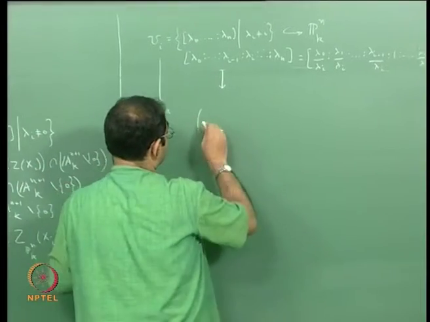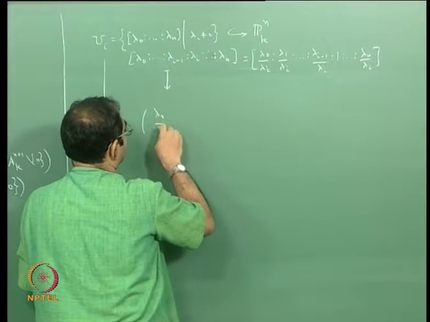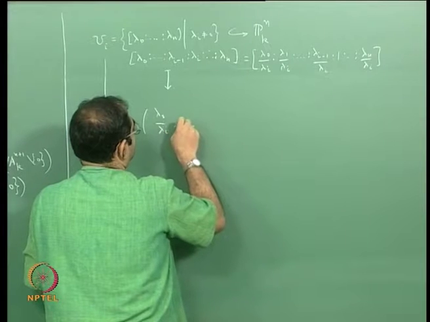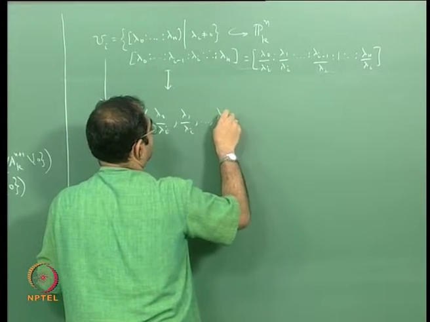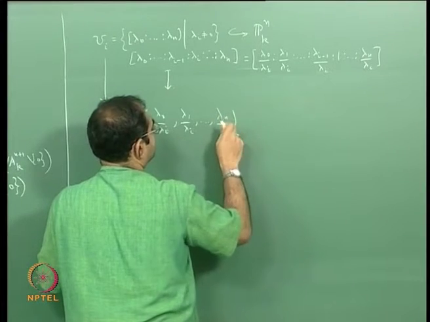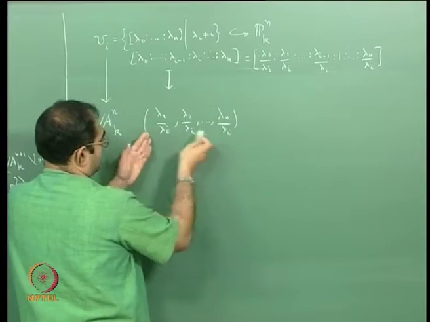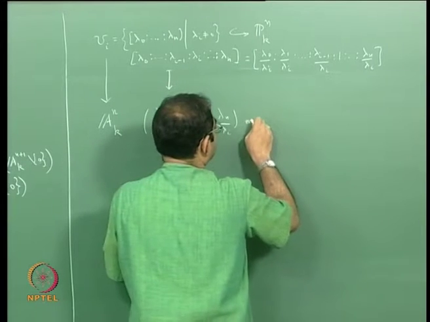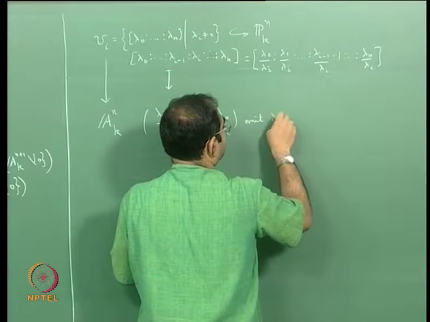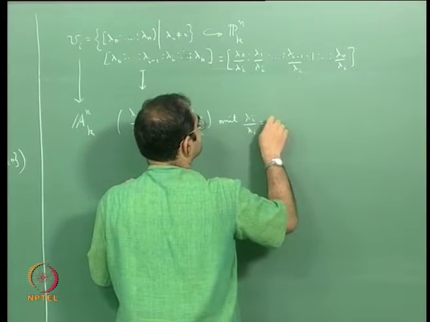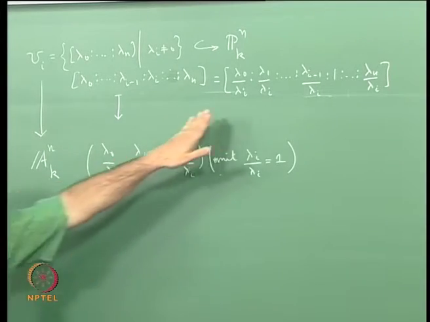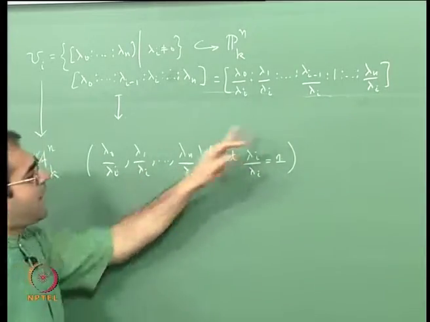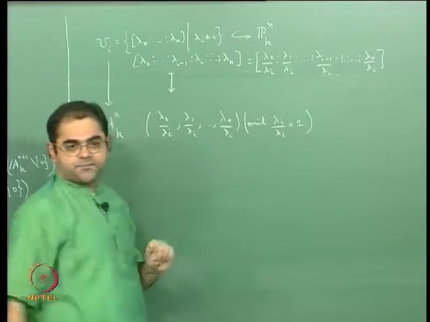So you are going to send it to lambda naught by lambda i, comma lambda 1 by lambda i, and so on up to lambda n by lambda i, where the way I have written it, you omit lambda i by lambda i, which is 1. So this is n plus 1 entries, I omit that 1 and I get n entries.